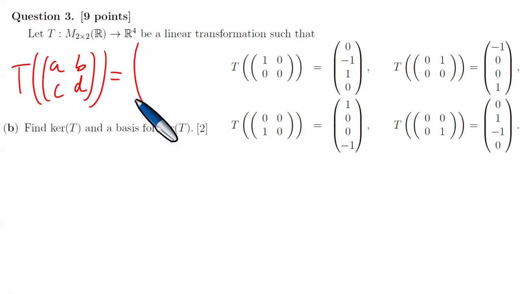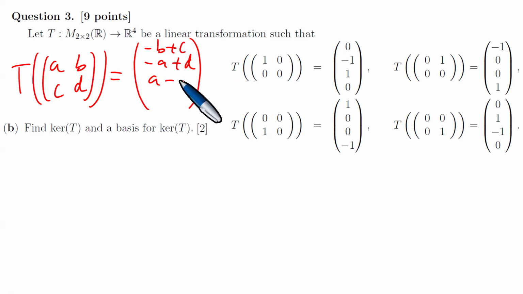We got it just now, and it is exactly minus B plus C, minus A plus D. Well done, minus A plus D. Also, A minus D, and then B minus C. Good. This is the image, and this is how the linear operator is defined. But now we need to find the kernel of T and a basis for the kernel of T.